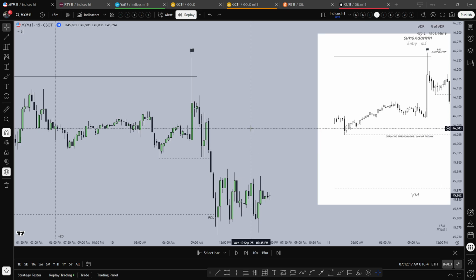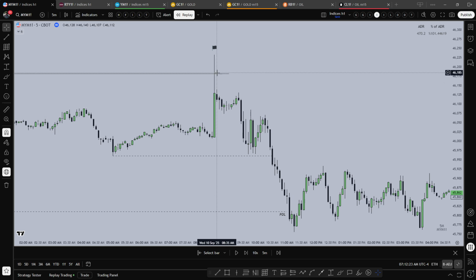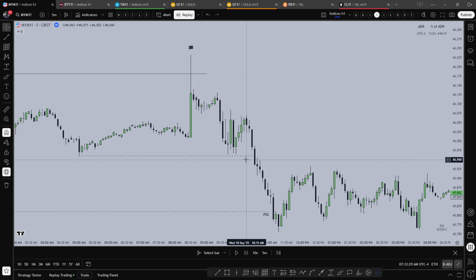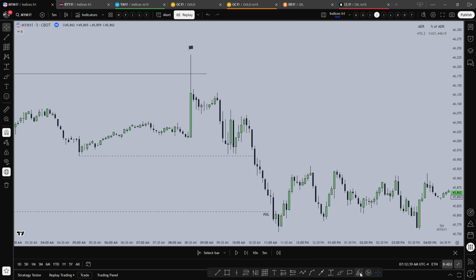So let's get into the framework. 8:30 manipulates the extreme range of the daily range. Price starts expanding away from it, and I get a clear opposing candle prior to 10 a.m. So I can trust this holding enough range opposing candle.